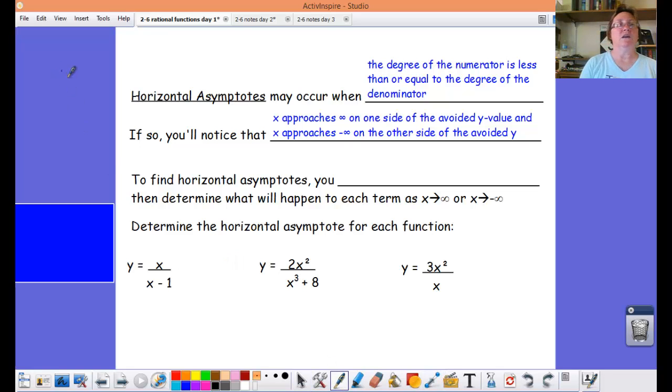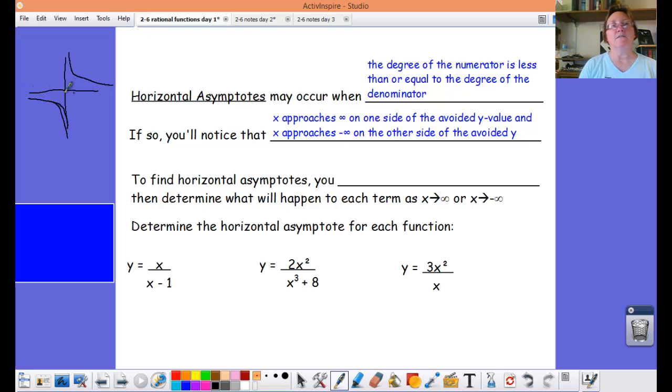Again, if you think about the graph of 1 over x, the horizontal asymptote, x approaches infinity on one side of the avoided y, and negative infinity on the other.